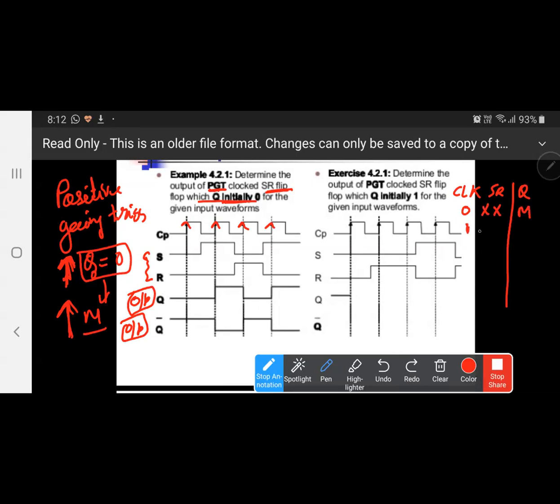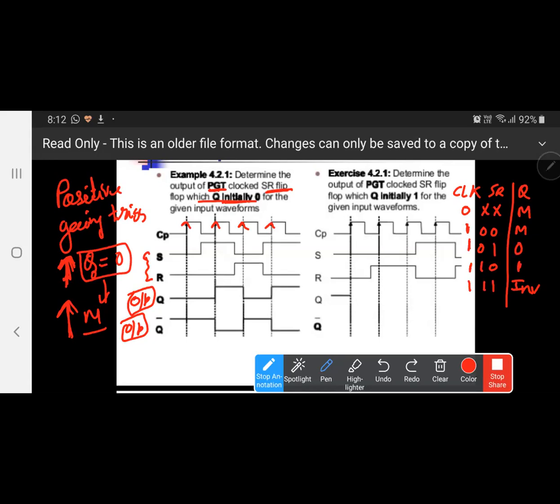Now you are giving the clock, and if it is 00, definitely it will work as a memory. Now you are giving the clock and R is 1, so it will become reset. You are giving the clock, S is 1, so you will get 1. You are giving the clock and both are 1, so it is called invalid. Clear or not?